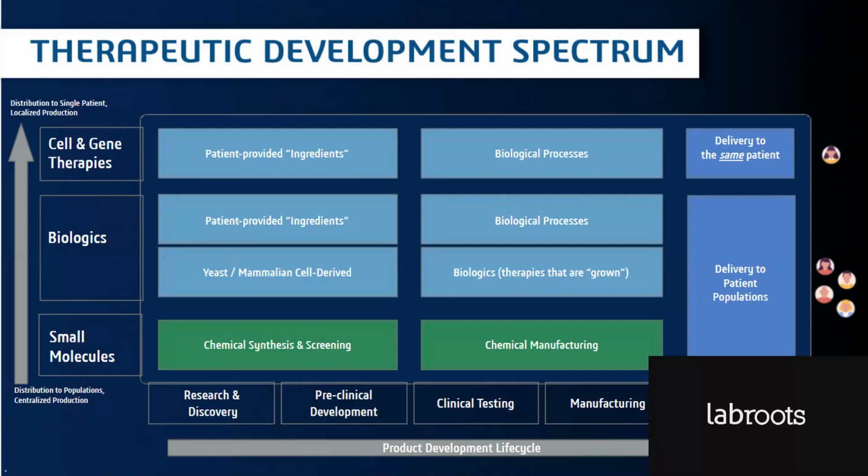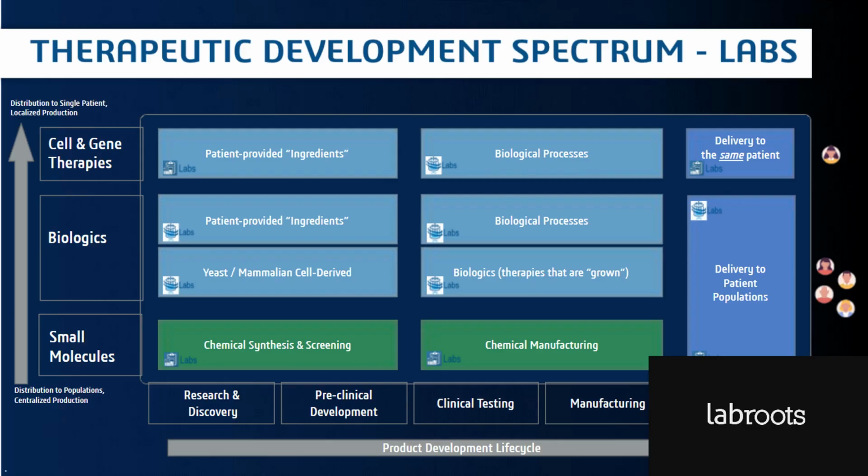And of course, that changes too if you're dealing with medical devices. You would have different domains and organizations in that company too. But if we think about that, in every product stream and every stage of the development life cycle, you have a different lab associated with it, right?